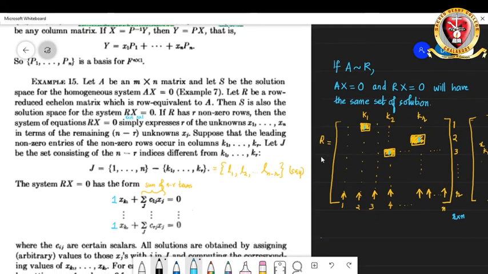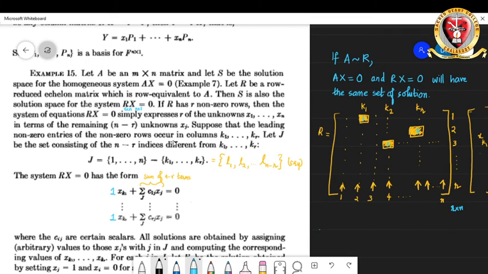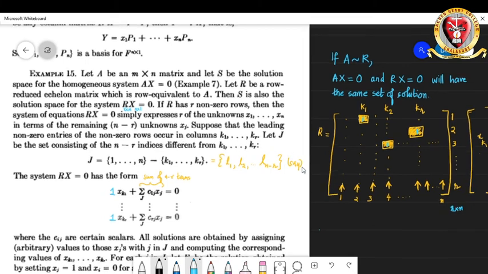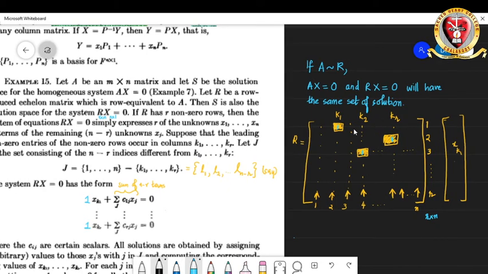So suppose that the leading non-zero entries of the non-zero rows occur in the columns k1 etc kr. Suppose the first non-zero entry, which is 1, is coming in this column, and here everything is 0, so let that be labeled as k1.